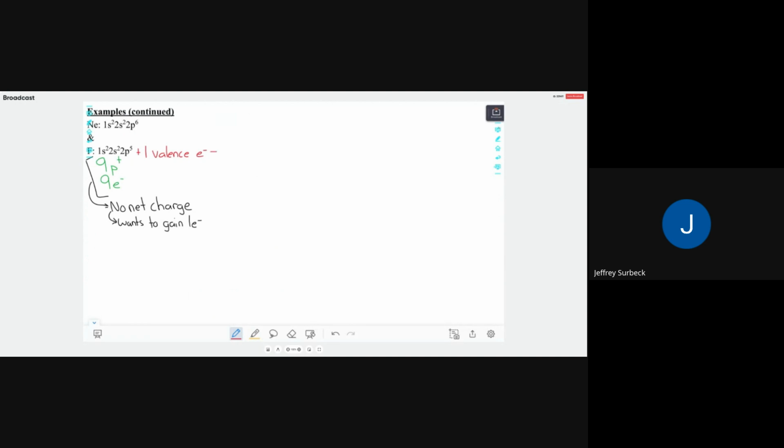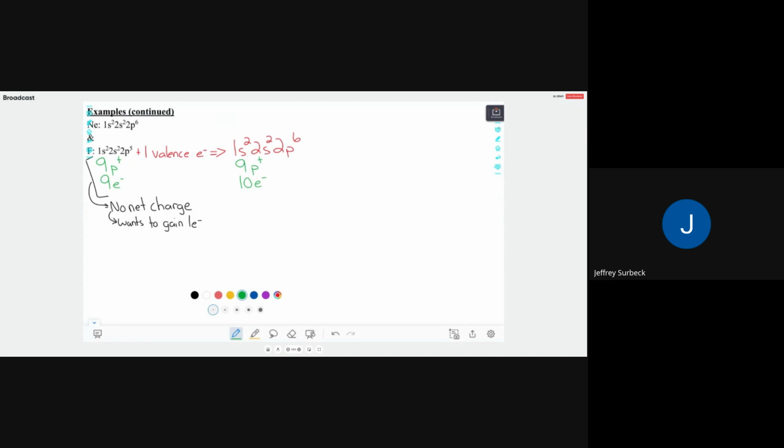It gets the now electron configuration as 1s2, 2s2, and now 2p6. Okay? Well, again, we have to identify this. As it gained that one valence electron, it's not going to affect the number of protons. It's still going to have 9 protons. However, this time it's going to have 10 electrons.